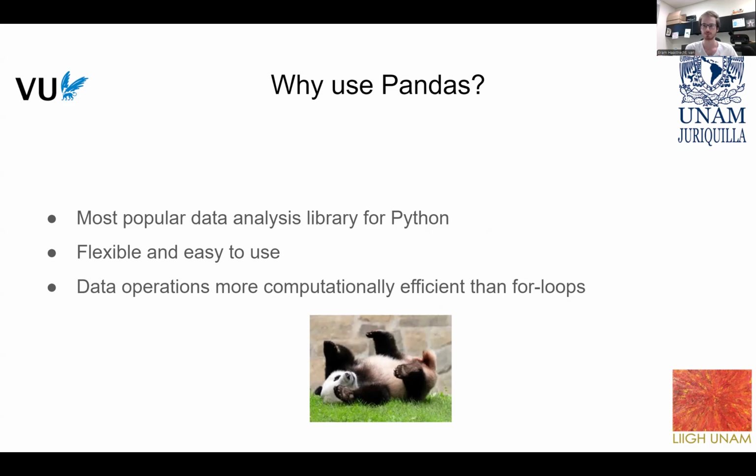It's flexible and very easy to use. And furthermore, data operations are more computationally efficient than, for example, if you use for loops. For a lot of operations, you can use a vectorized approach, which is common in R, for example, as well. And if you do that, it's much more efficient than if you write your own for loop, basically.